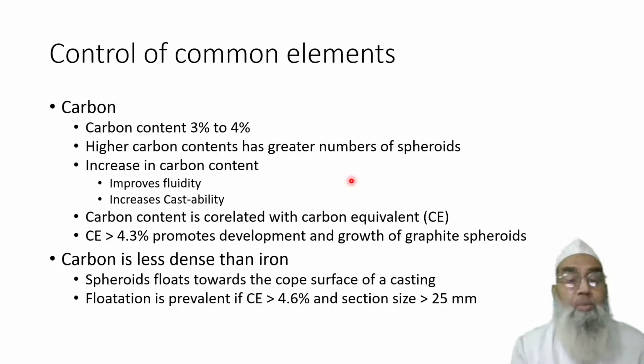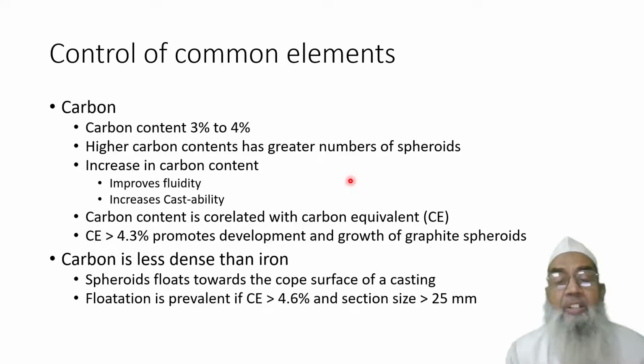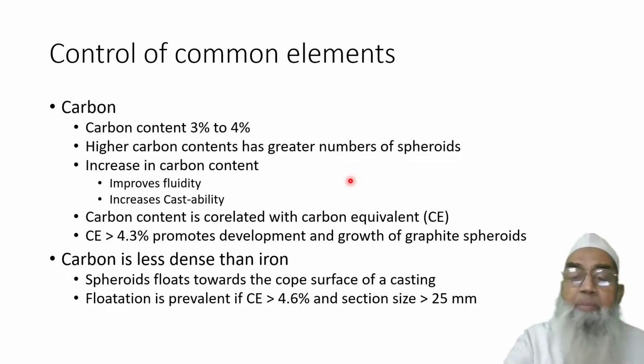Therefore, this flotation can be prevented if the carbon equivalent is increased to more than 4.6% and the section size of the casting is more than 25 mm.